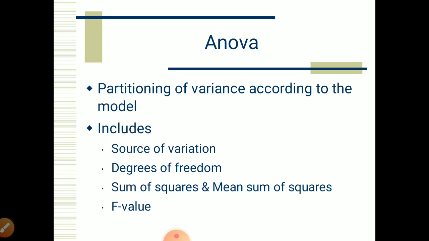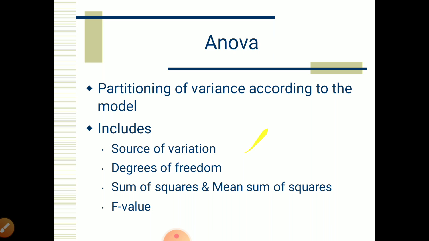As I already told you, you cannot remove the error portion in any kind of experiment. Error will always be there. The only thing is that the extent of error should be minimized as much as possible. So there will be source of variation, there will be degrees of freedom, and it is almost a calculation part only.